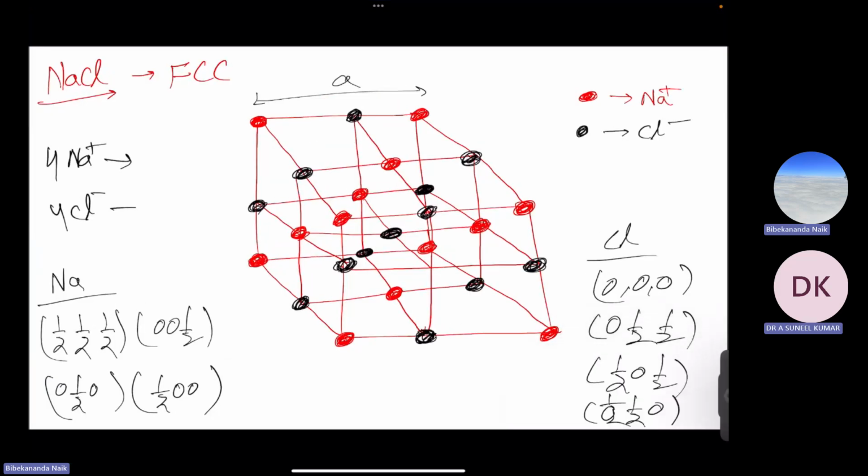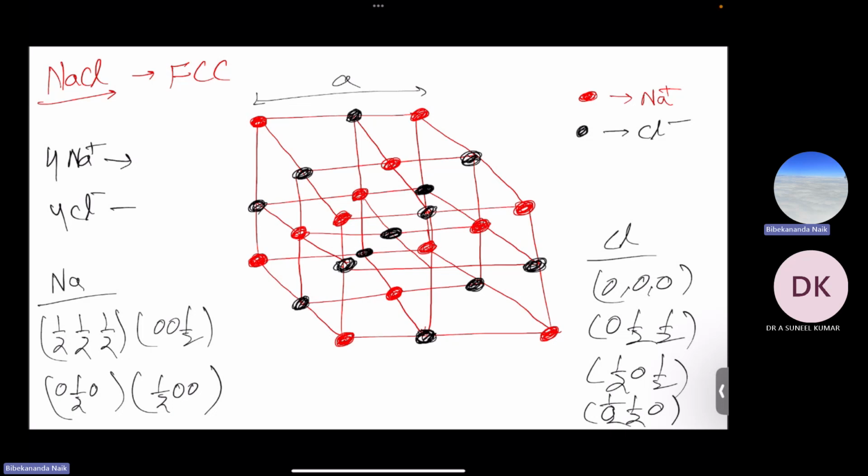In the question, it was asked to find out the density of magnesium oxide, where magnesium oxide has an FCC structure. Since it is an FCC structure, it contains 4 magnesium and 4 oxygen atoms. So we will calculate the mass, and then the lattice parameter.